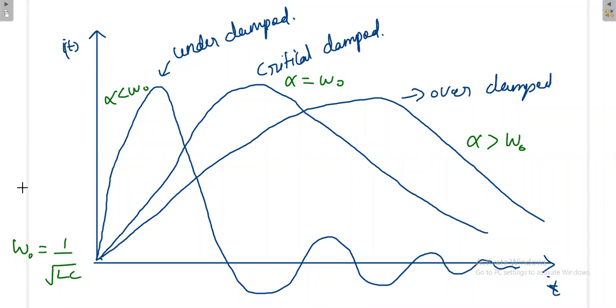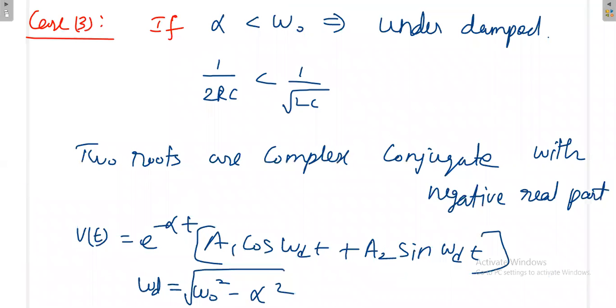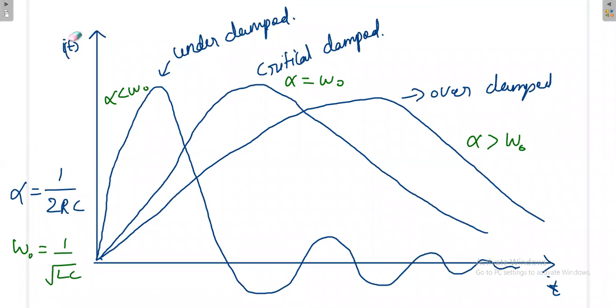Instead of alpha we get 1 by 2RC. That is the only difference. The rest of the things remain the same. Here instead of it, this is Vt, that means how the voltage is getting decreased. Everything else is the same. This is Vt, alpha is 1 by 2RC, and omega naught is the same.